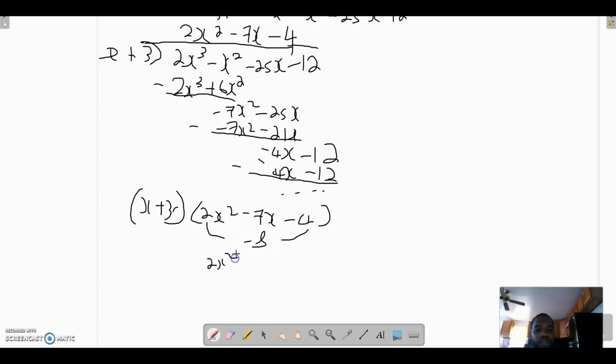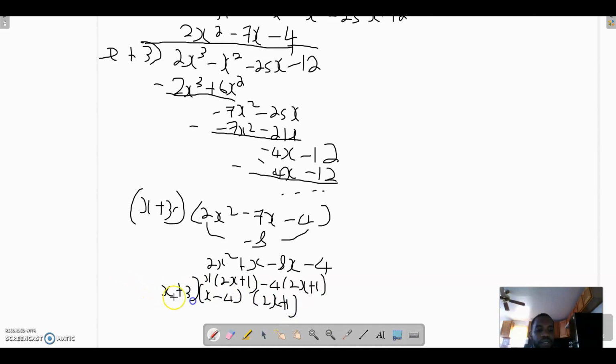So you have 2x squared plus x minus 8x minus 4. Alright? Can take out an x, we have 2x plus 1. Can take out a minus 4, we have 2x plus 1. So we have x minus 4, 2x plus 1, and of course x plus 3. Alright, f of x is equal to this.